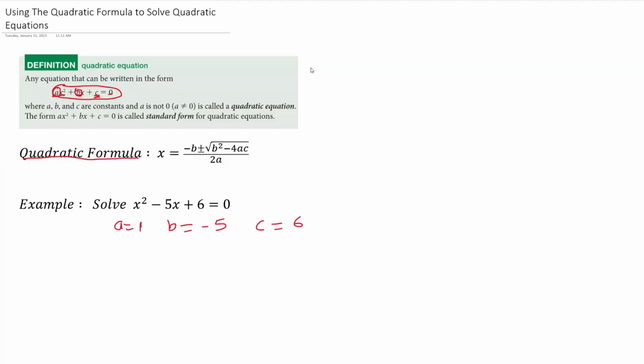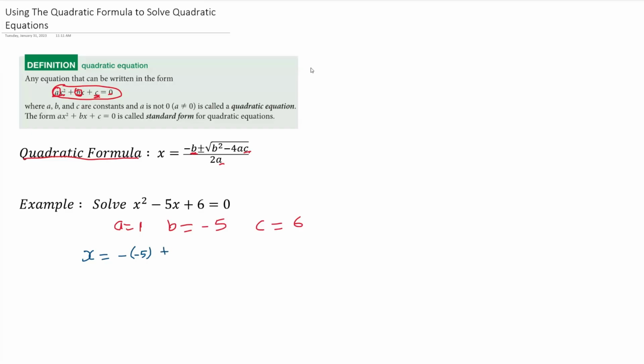So what we're going to do now is take these numbers, replace the a's, the b's, and the c's in the formula with these numbers, and then simplify the expression. So x is going to be equal to minus b. What's the value of b? b is -5. I put the parentheses because of the double negative.